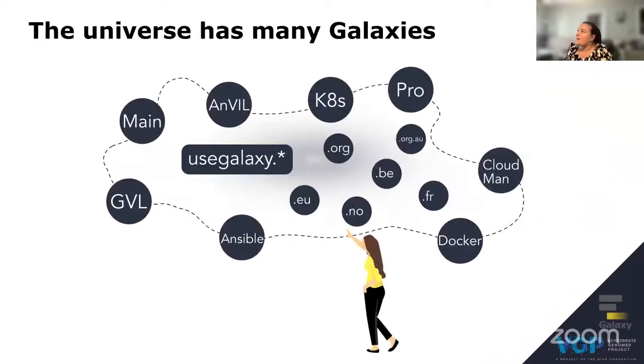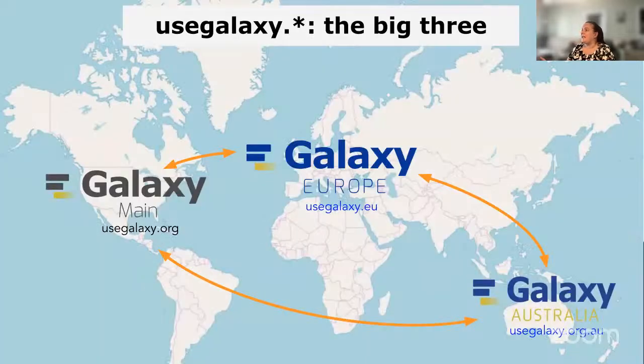There are a lot of Galaxy instances. There are local instances for labs, and national instances like the Belgian or French ones, but there are the big main three instances, which are usegalaxy.org, .eu, and .org.au for Australia. The one we're going to use today is usegalaxy.org. I'll send you all the links to follow the hands-on in the chat.